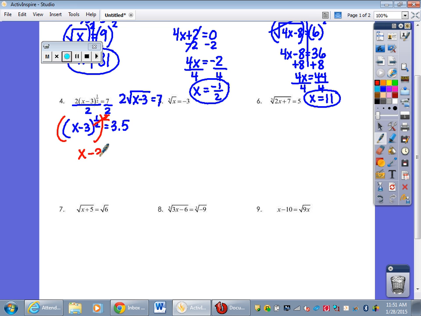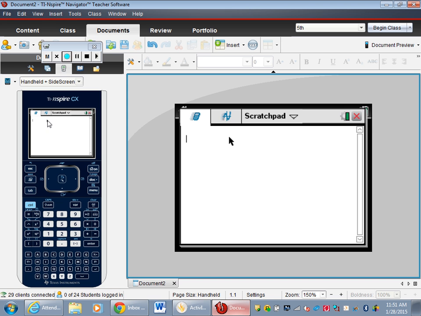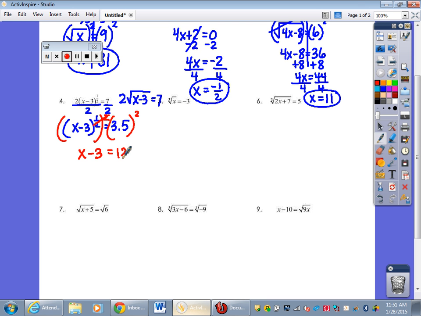So you're going to have x minus 3, and then I'm going to square this as well. So that becomes, use the calculator, 3.5 squared, 12.25. And then we add 3, and so our answer is 15.25.